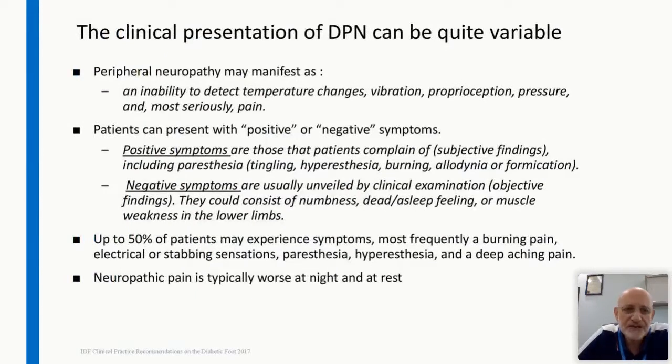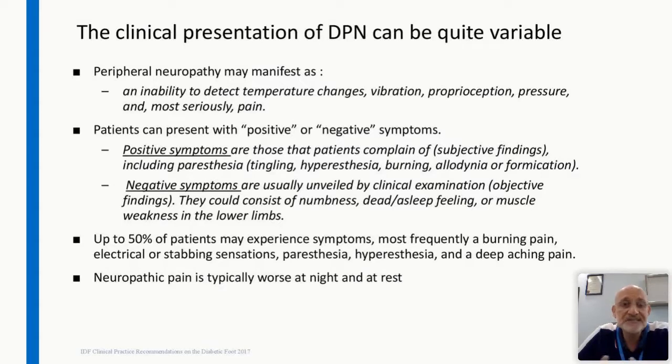So how do patients present with diabetic peripheral neuropathy? It's very important both for patients and doctors. You have patients with subjective symptoms, and they say to you, doctor, I have numbness in my feet. I have a bit of burning sensation, right?